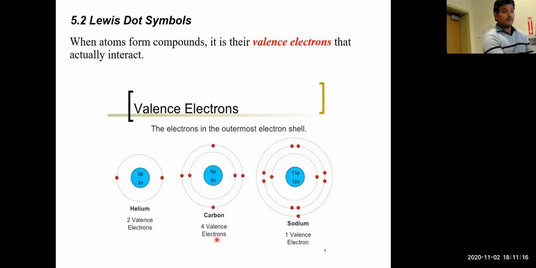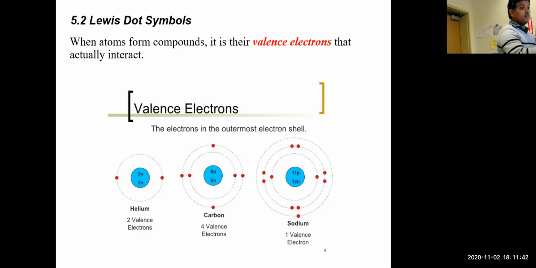For carbon, we know that carbon has 6 electrons total because it has 6 protons. These 6 electrons are arranged as the electronic configuration, if you can recall, 1s2, 2s2, 2p2. The 1s2 is not useful because it is shell 1, and 2s2 and 2p2 are in shell 2, the outermost shell.